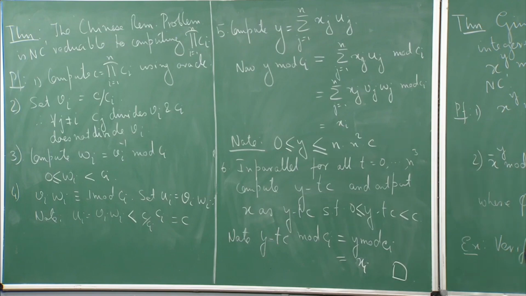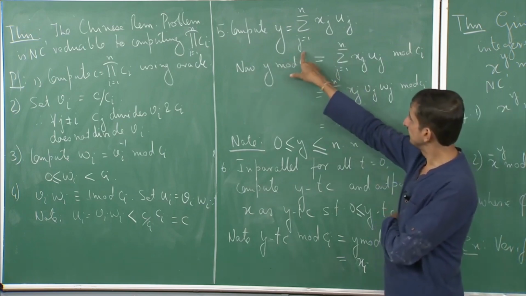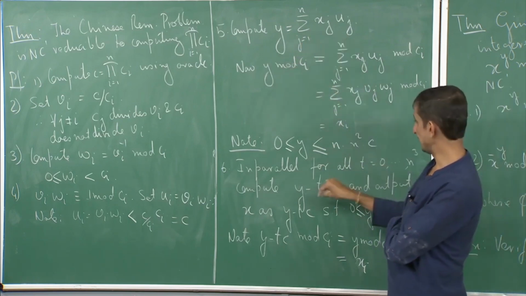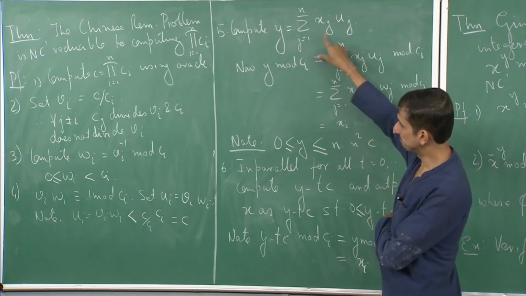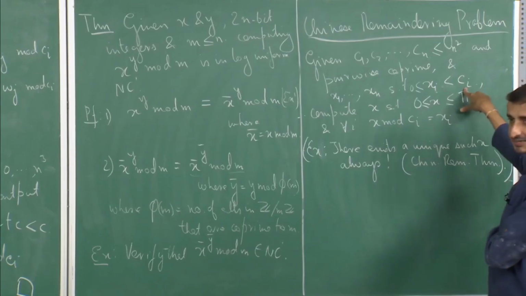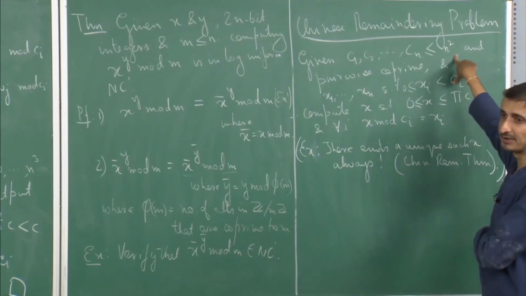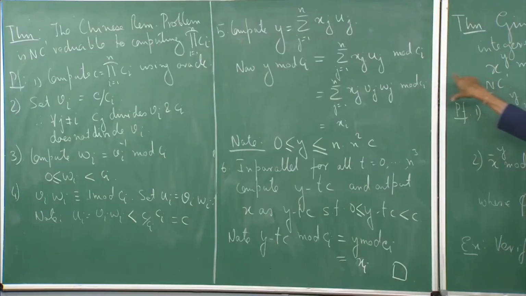Why is the upper bound n cube? So this is my y. There are n terms, so I have an n over here. Each xj is bounded by cj, and each cj is bounded by n square.